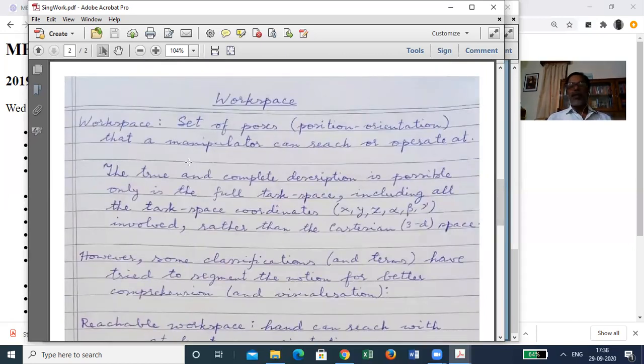What is workspace of the robot? So set of position orientation combinations or set of poses that a manipulator can reach or operate at. That is known as the workspace.